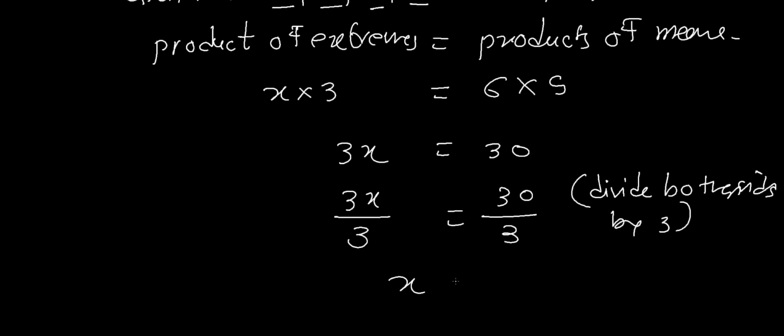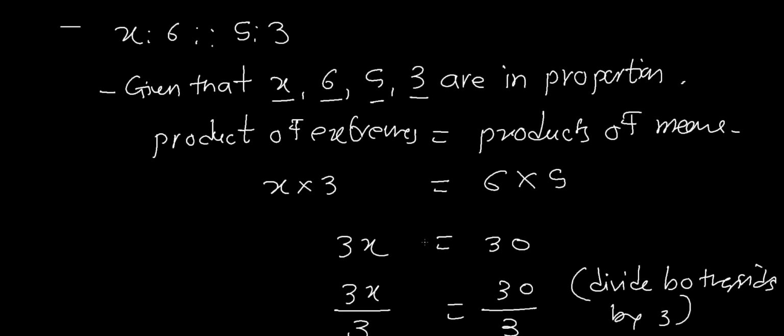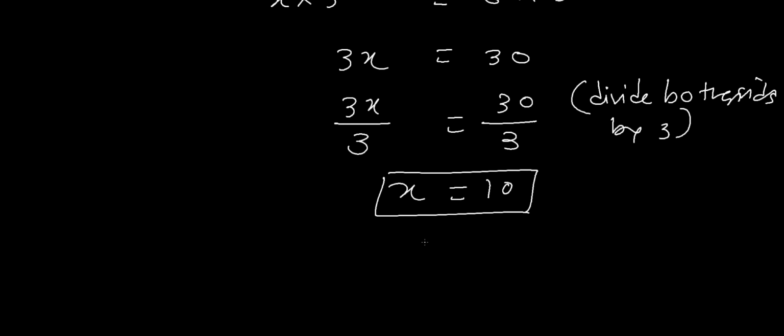And the answer will be x is equal to, this is gone, 30 divided by 3, 10. So the answer is x equals 10. So the proportion will be 10, 6, 5, 3.